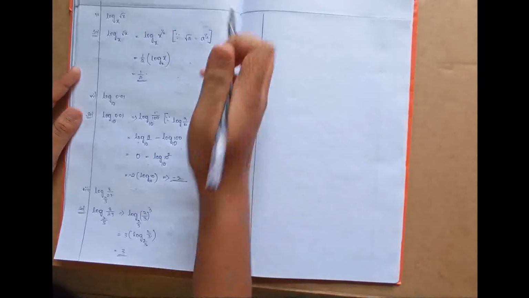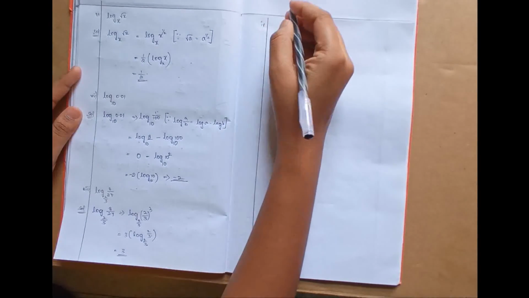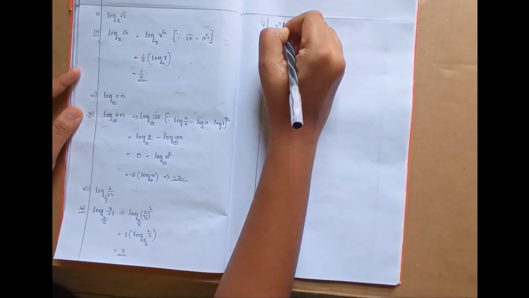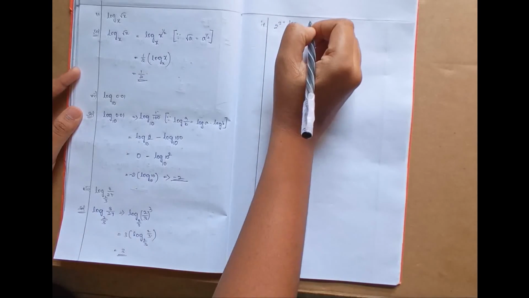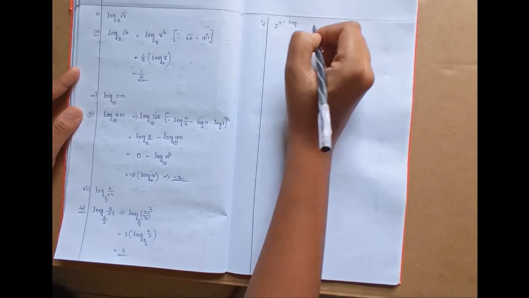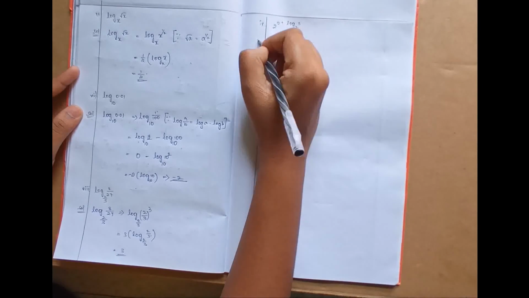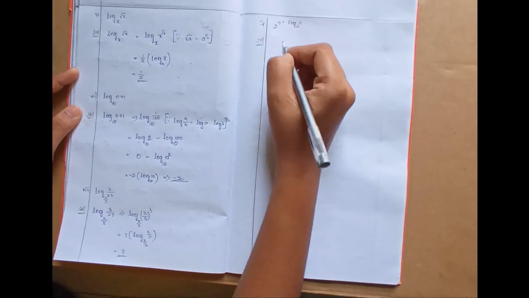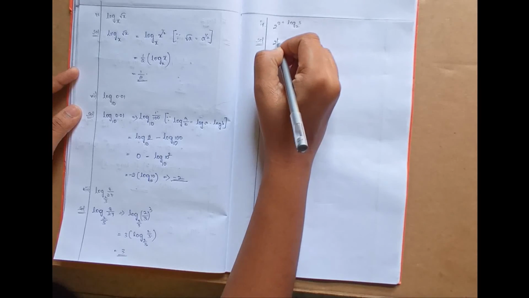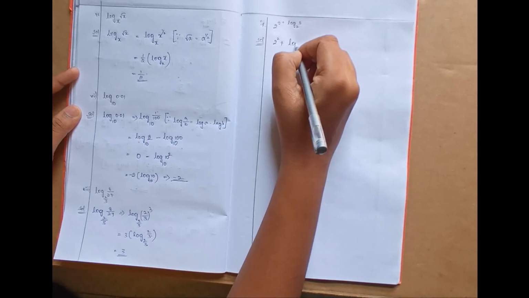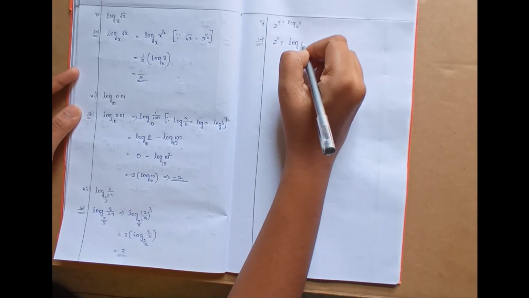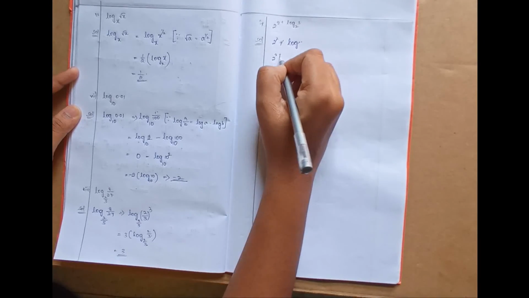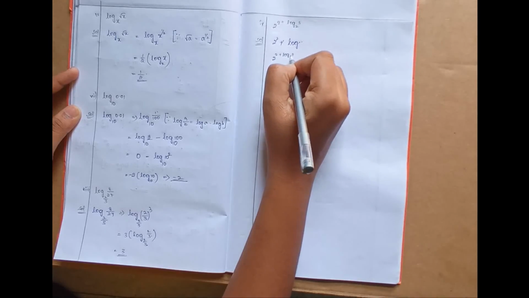Okay, let's solve the ninth one. This ninth one is very easy compared to all of them. We have 2 square plus log 3 to the base 2. Okay, let's write that: 2 square plus log 3 to the base 2.